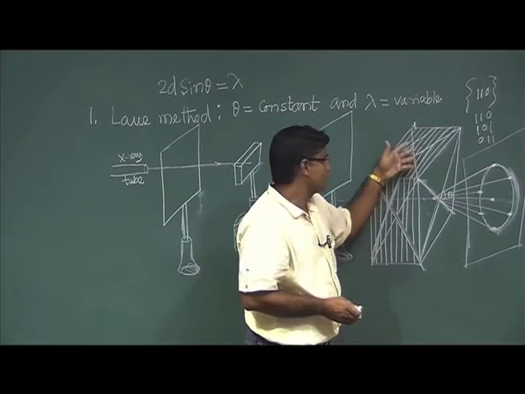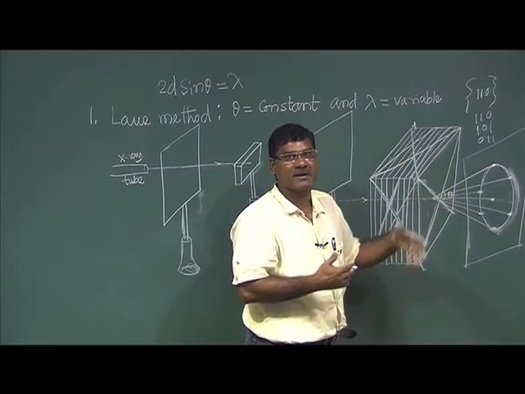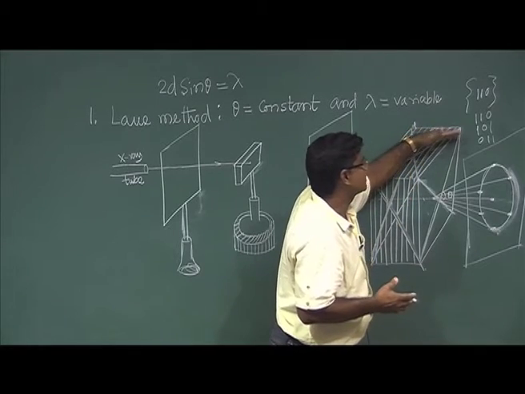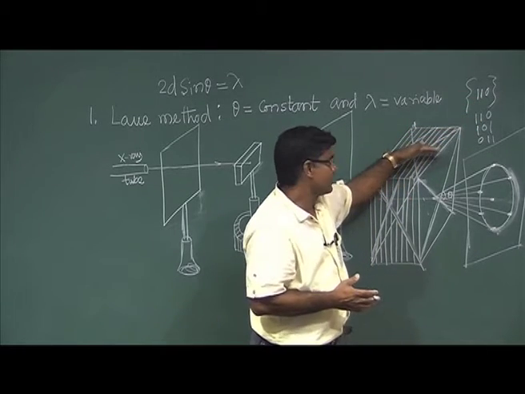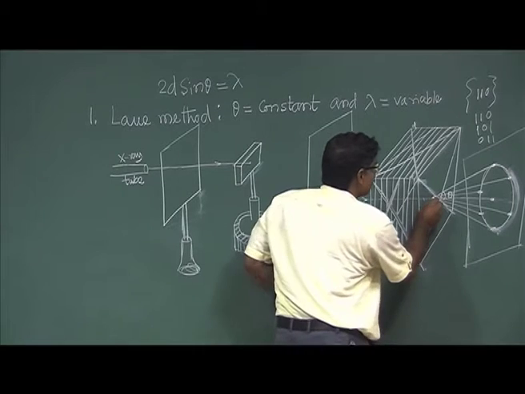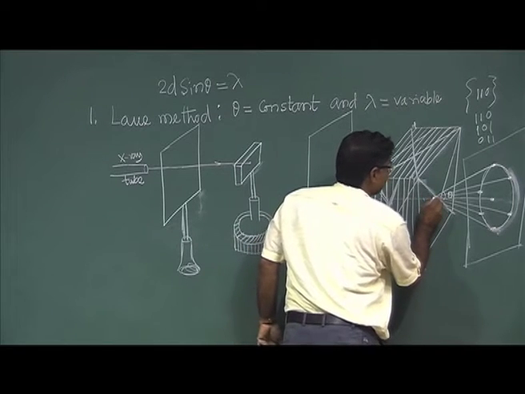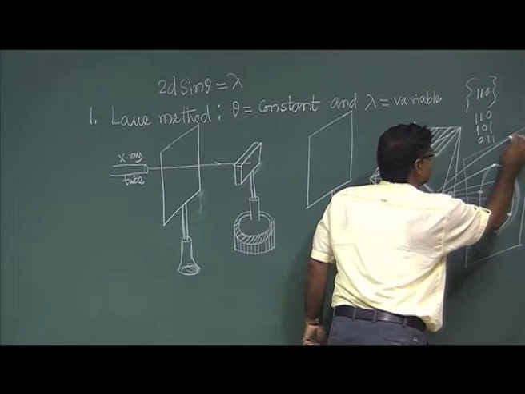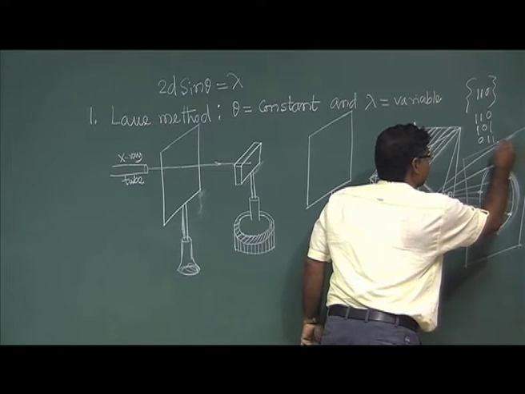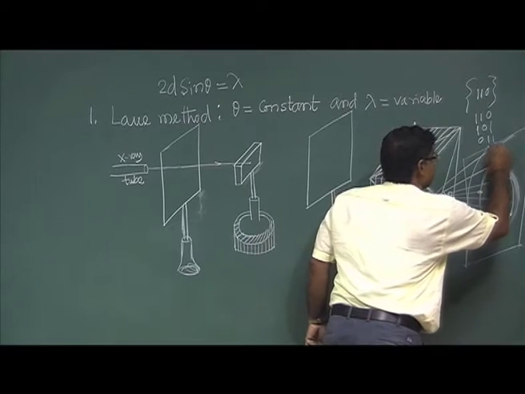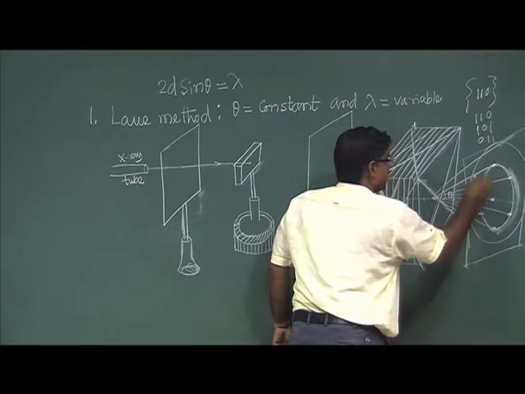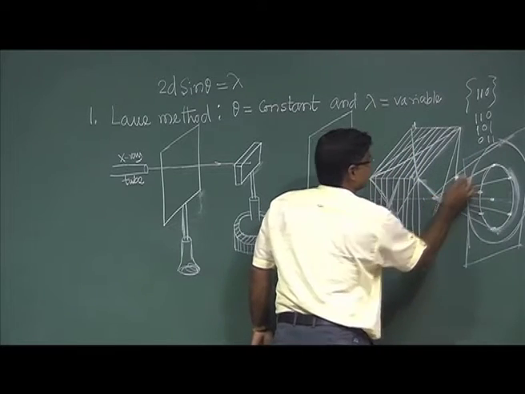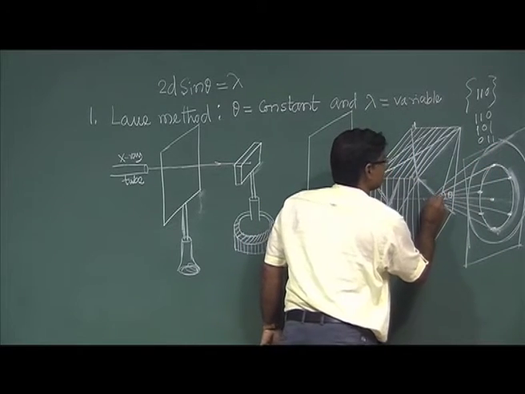For those planes, if they have symmetry, like these 1 0 0, 1 1 0 planes I have shown, if that type of symmetry is there, all of them will lie on another cone.